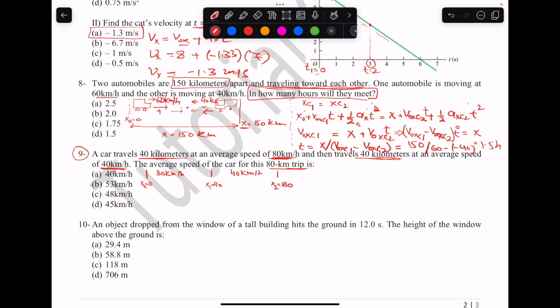So we wanted to know the average speed. The average speed, V average, is the total distance divided by the total time.